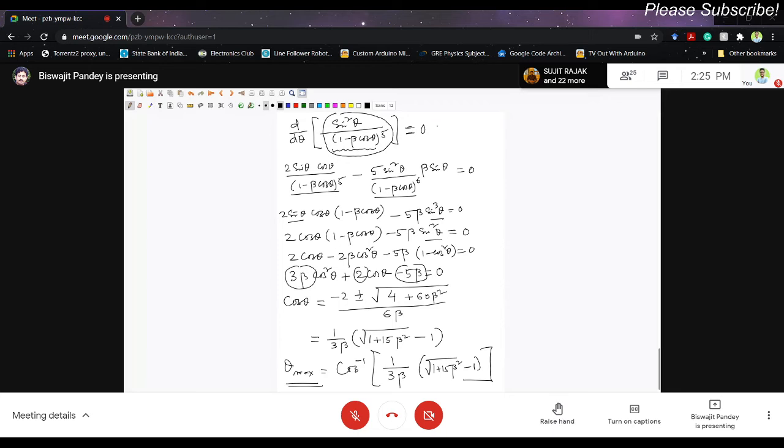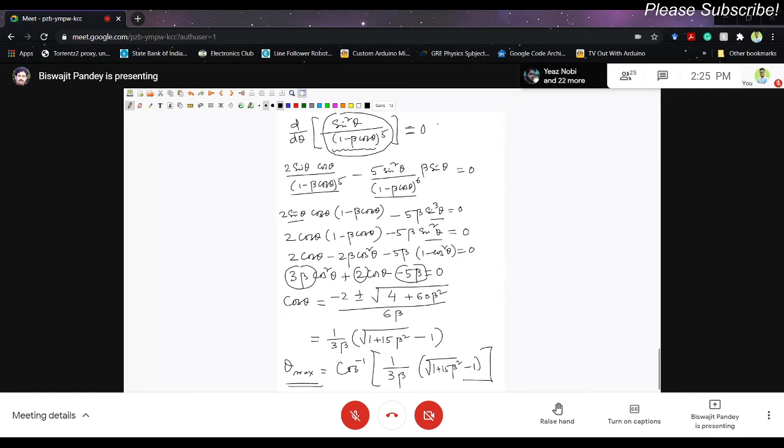Now if I ask you how the radiation pattern should look, to figure that out you actually have to plot this function, but even without plotting anything, you can figure it out by looking at the expression. See, when β tends to 1, that means it is extremely relativistic, say v equal to 0.99999 c.